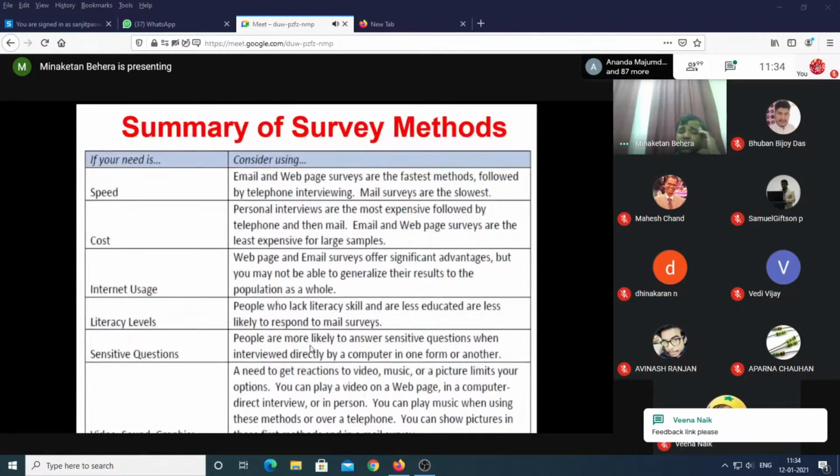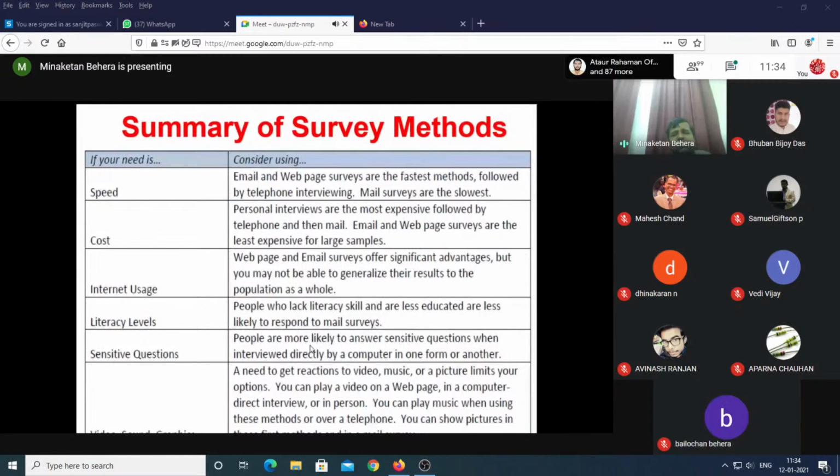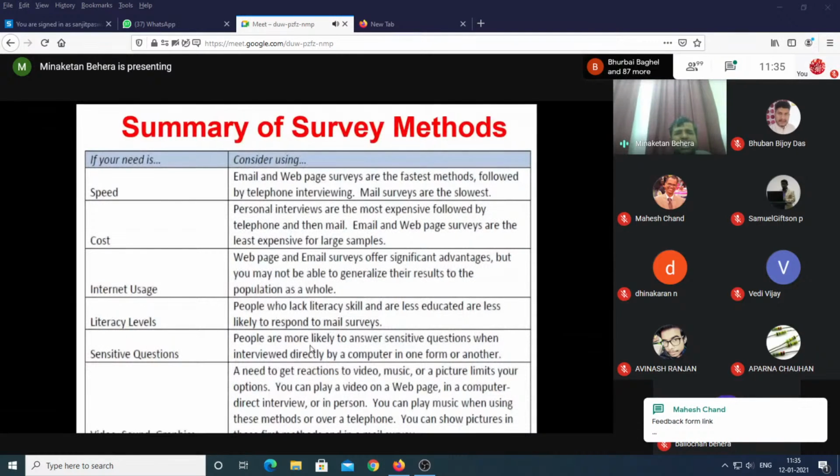But remember one thing, I always say that when you are doing a survey, that means you are using a questionnaire and sending it to the respondent, and the respondent will provide the information. I remember I got a mail from one of my colleagues, and she prepared more than 121 questions.